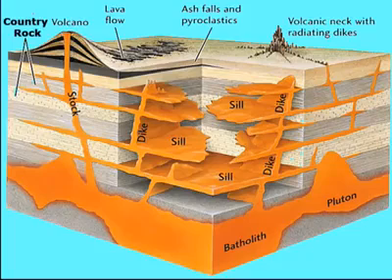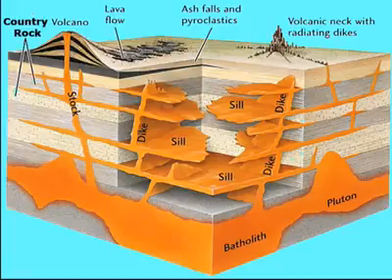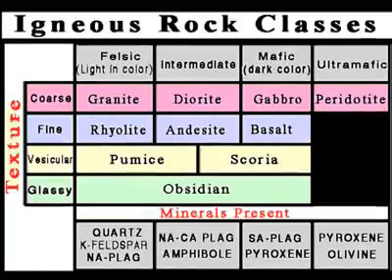There, the mineral crystals that comprise the solid rock have time to grow larger than those of the same melt when it is extruded. As the chart shows, texture, the expression of crystal size, is one of the bases of igneous rock nomenclature.